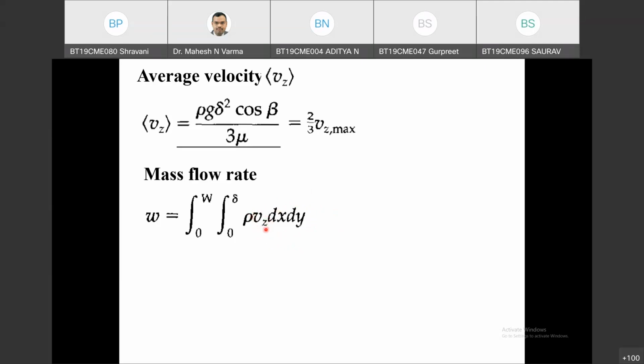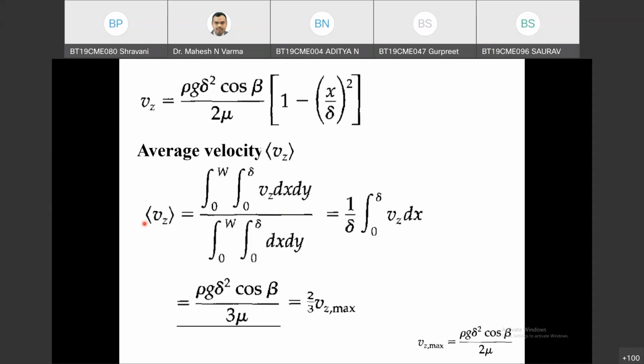This average velocity is multiplied by area multiplied by density. So what this integration is giving me is average velocity multiplied by area multiplied by density. It is the mass flow rate.